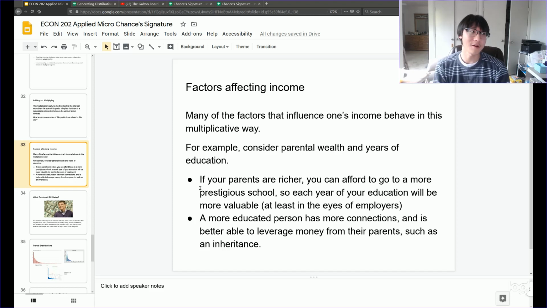If you inherit a lot of money from your parents, and let's say you went to Harvard Business School or something, chances are you got a lot of connections. So you can take that money you inherited and invest it somewhere good. So the point is each of these factors strengthens the other factor. And that's what I mean when I say these factors are multiplied together. When things are multiplied together, the effect of one strengthens the effect of the other.